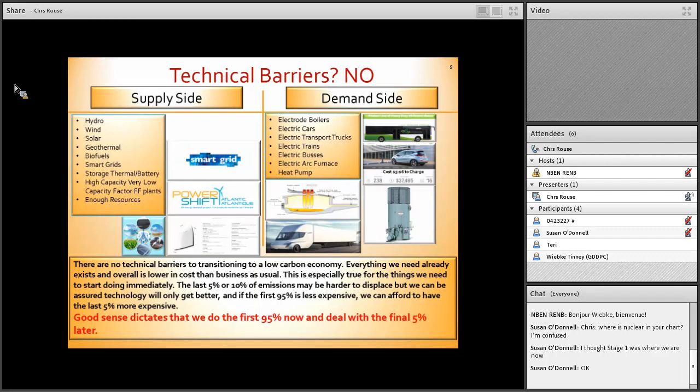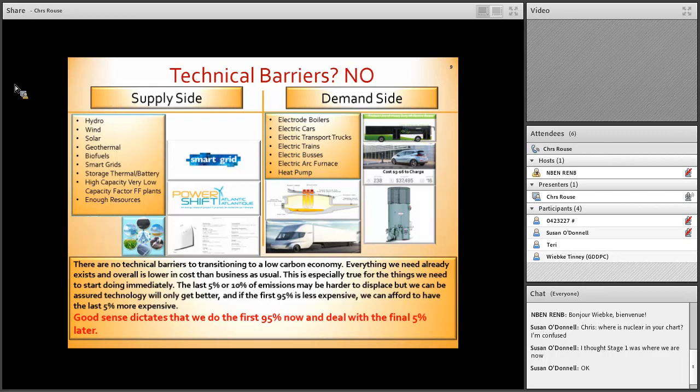We can use electrode boilers to replace that with clean, green electricity. In our automotive sector, we have cars, trains, transports, buses, all kinds of things that we can do. There's really no technical barriers to 95%. So everything we need already exists, and for the most part is already lower in cost than business as usual.